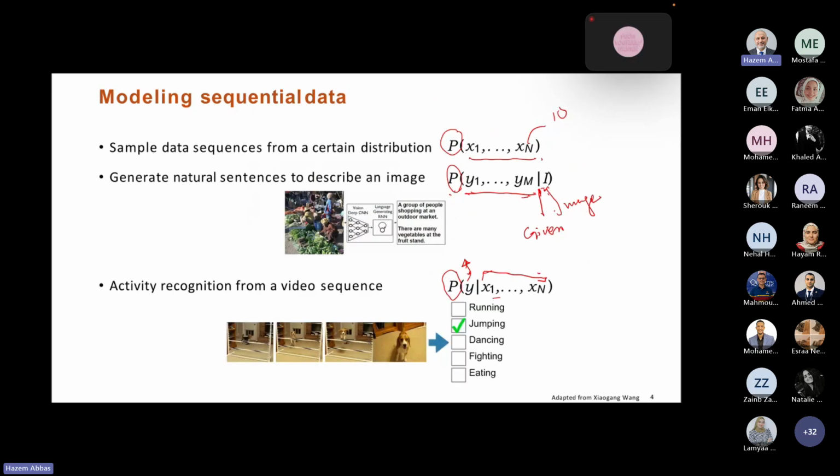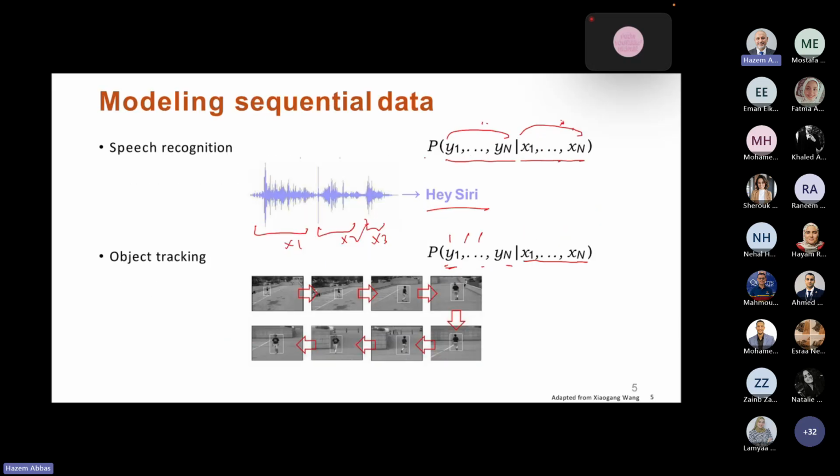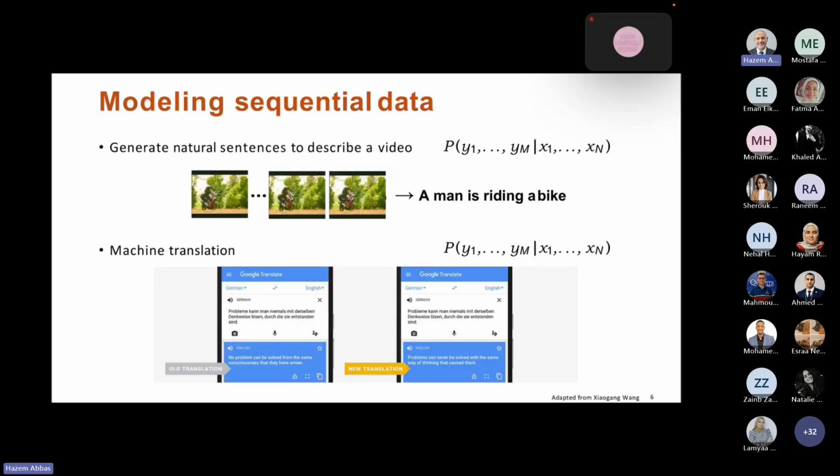Before, we had inputs as a sequence, and we were just calculating the probability that it is coming from a certain distribution. But here we have one input, and the output is a sequence. Here the input is a sequence, and the output is one value. Here the input is a sequence, and the output is a sequence, and same here. And in all cases, we are calculating probability.